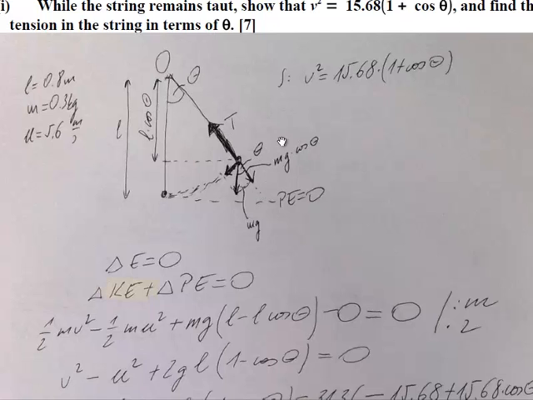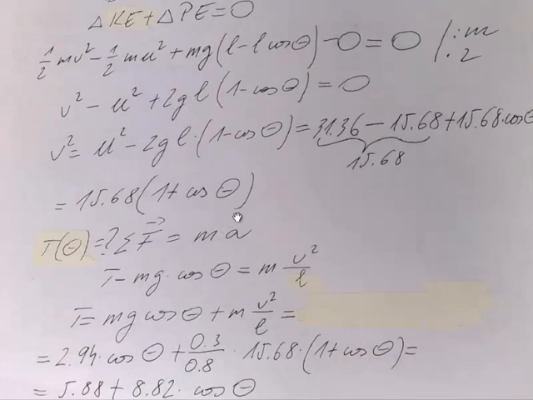T minus m times g times cosine theta is equal to m times a. Now a is equal to v squared over the radius.